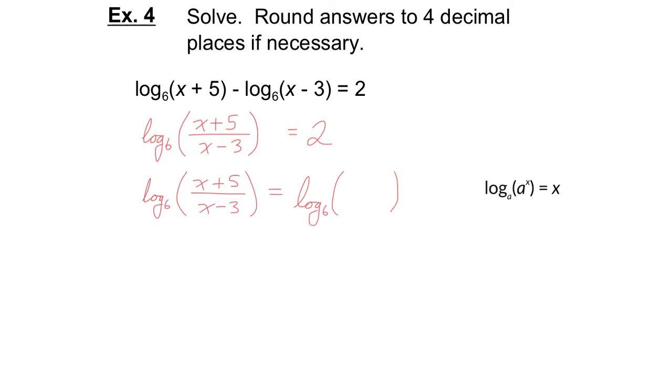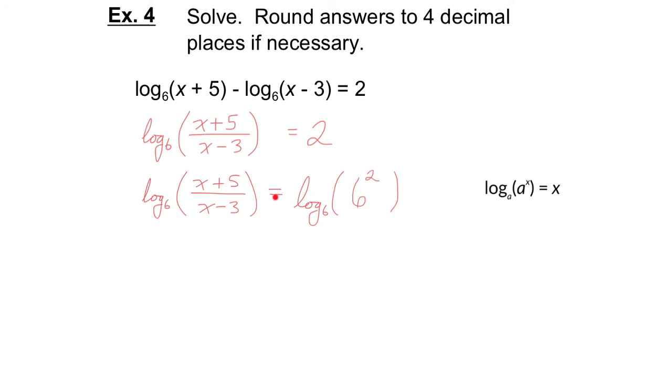So if I have the number 2, I can rewrite it as a log base whatever I want. If I want log base 6, then I'll have 6 to the exponent 2 in the brackets. So 2 is equal to log base 6 of 6 to the exponent 2, using this rule.